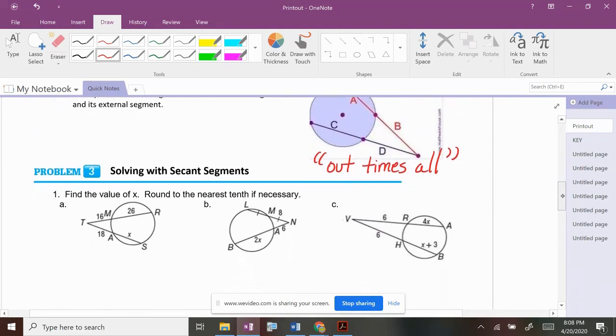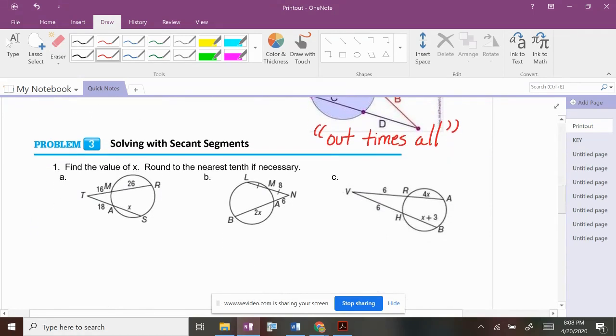And again, this is involving two secants. Remember, out times all. So looking at question A, my first secant is TR. My second secant is TS. And remember, out times all equals out times all.